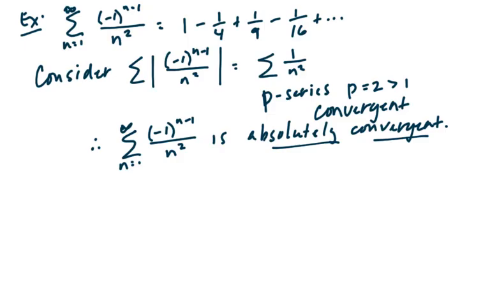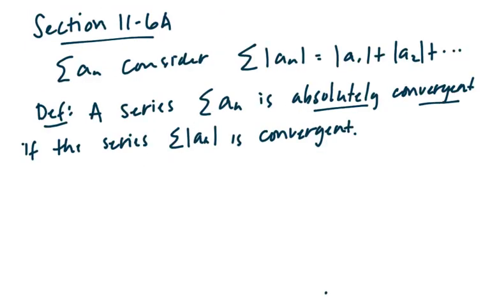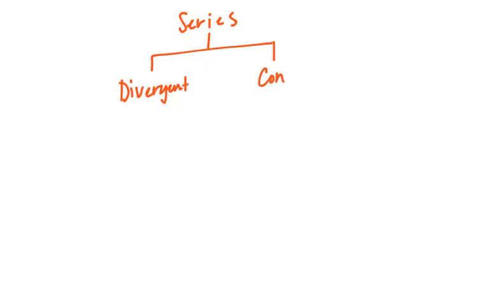So if we go back to the definition, it says that the series is absolutely convergent if the absolute value series is convergent. So we have a couple cases here. Whenever we look at a series, we have two options. It can be divergent or it can be convergent.